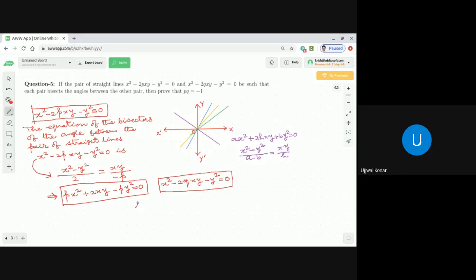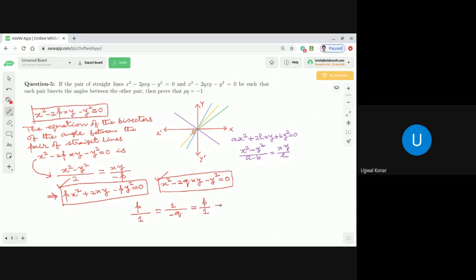So then what we'll get? P by 1, the coefficient of x square of this equation divided by the coefficient of x square in the right hand side equation, should be equal to the coefficient of 2xy in the left hand side equation, that is 1, divided by the coefficient of 2xy in the right hand side equation, that is minus q, should be equal to the coefficient of y square in the left hand equation, that is minus p, divided by the coefficient of y square in the right hand side equation, that is minus 1, that again becomes p by 1.